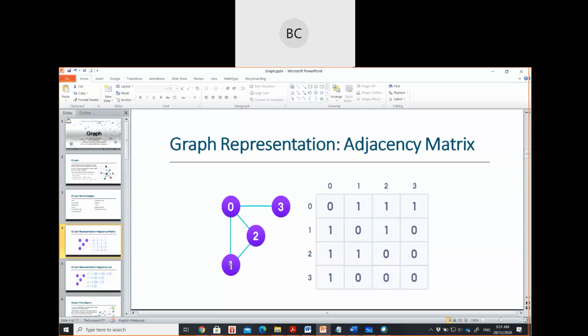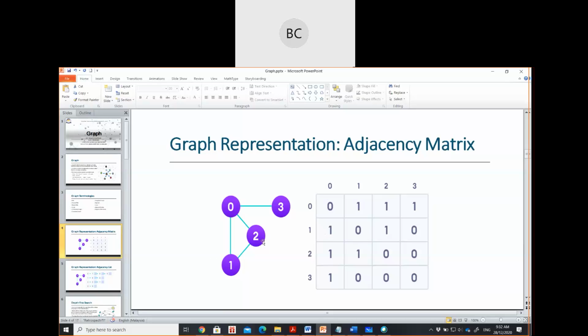So for node 1, two adjacent nodes are there, one is 0, another is 2. So the value between 1 and 0 will be 1, and 1 and 2 will be 1, and the rest will be 0 because there is no connection from 1 to 3 or 1 to 1, because there is no self loop. If there is a loop there, then the value for 1, 1 will be 1.